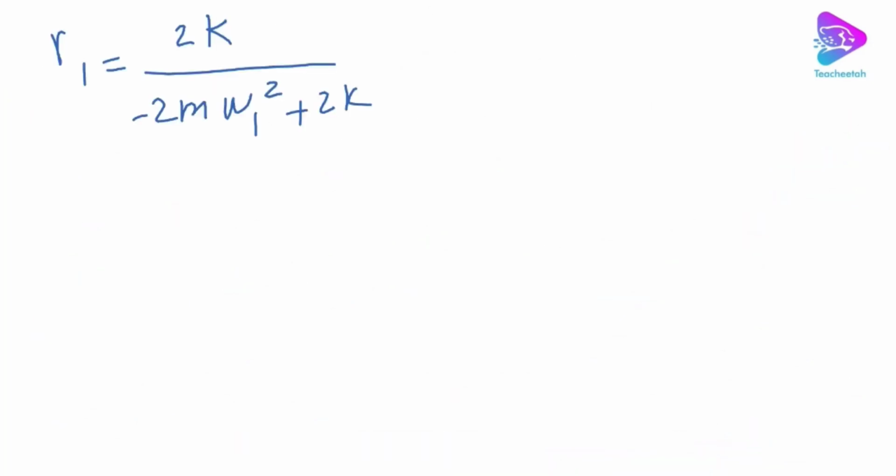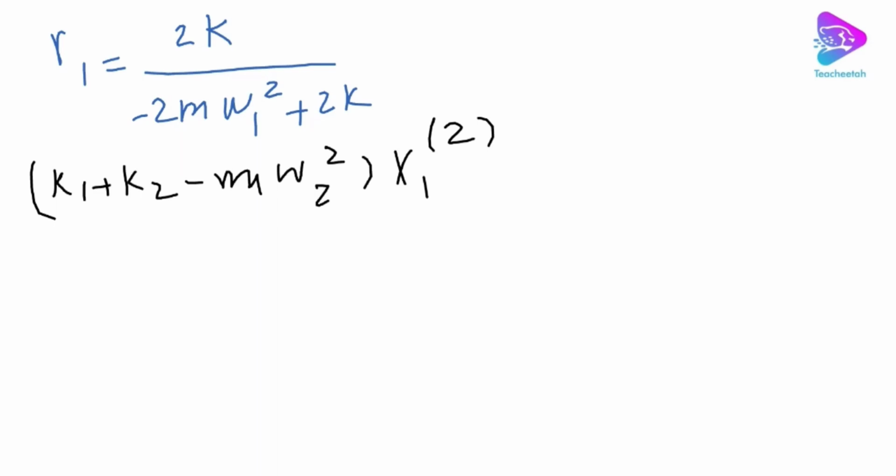What we're going to do now is find the R2 relationship. So we have k1 plus k2 minus m1 omega 2 squared times x1 2. Now we are using the second mode shape, minus k2, and instead of x2 2, we are gonna use r2 x1 2 equal to 0.